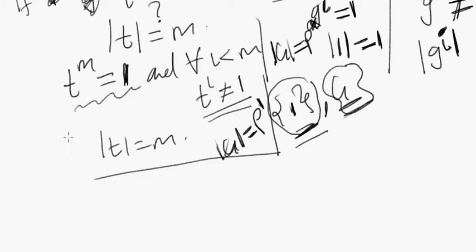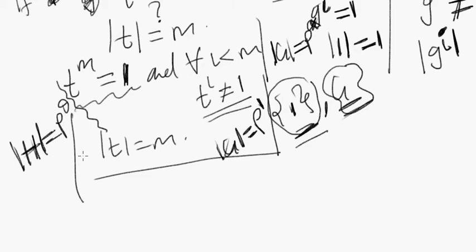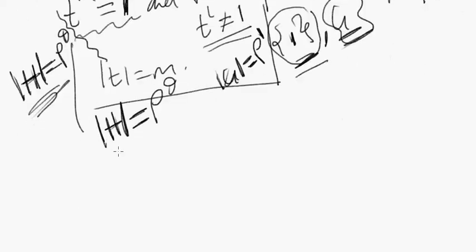Because before, we were saying that if we have some subgroup of order p to the theta, then from this point we had some idea about maybe just keeping on reducing powers. But now we're looking at the case: what if for every H, the order of H can never equal p to the theta?